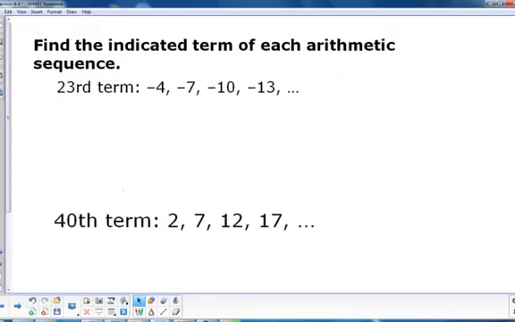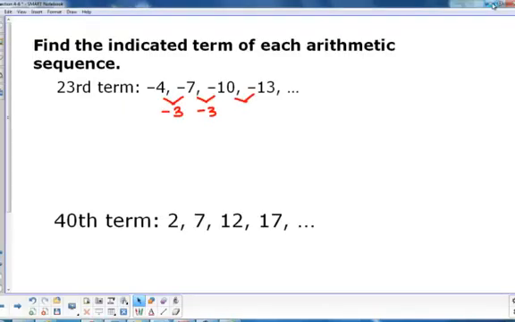Okay. Arithmetic. 4 to -7, we're going down by 3. Down by 3 again. Down by 3 again. So our common difference is -3. And we want the 23rd term, and this is our first term.